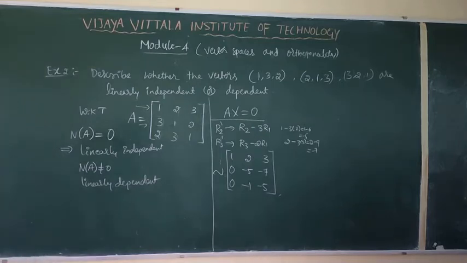To make that element 0, we use the operation for the third row, R3.